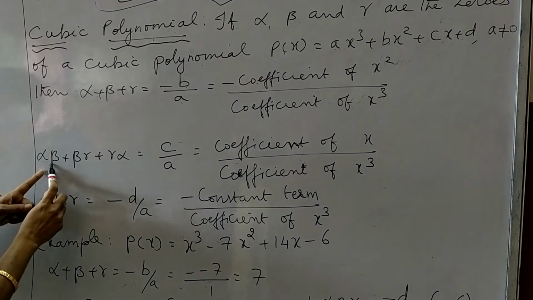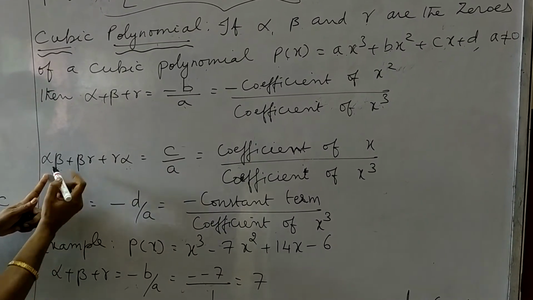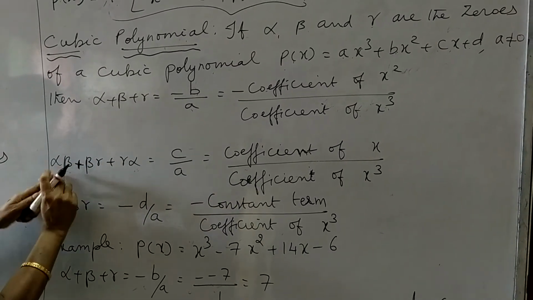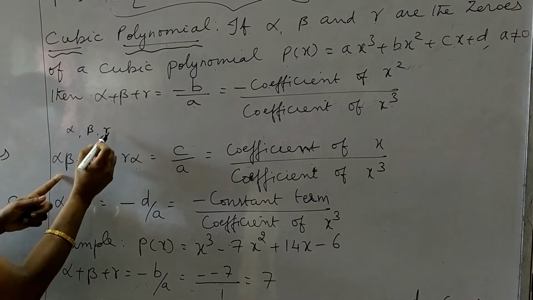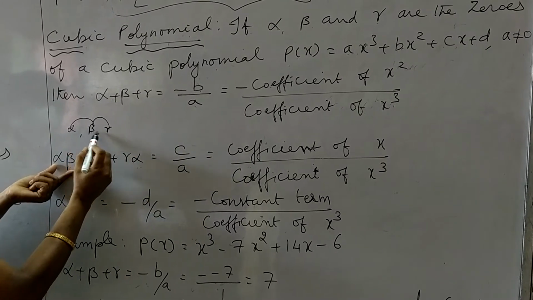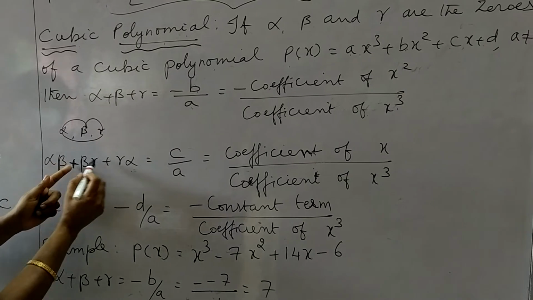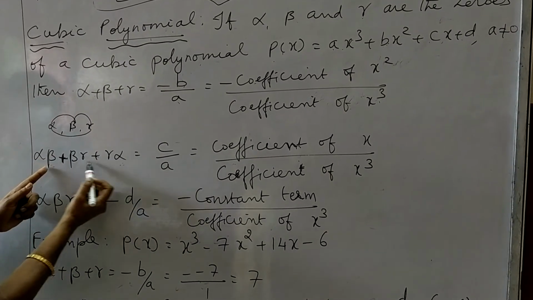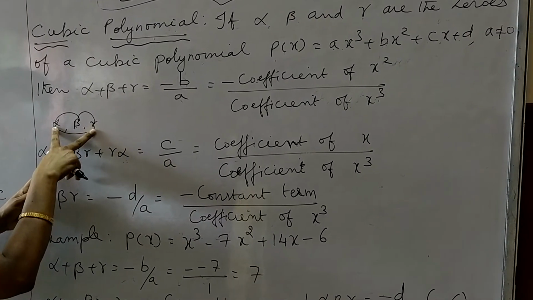Then, the sum of the product of zeros taken 2 at a time. You can see in between plus signs are taken and 2 zeros are taken in each product. The zeros are alpha, beta and gamma: alpha beta, beta gamma, second and third, and gamma alpha, third and first. So the sum of the product of 2 zeros taken at a time is alpha beta plus beta gamma plus gamma alpha.